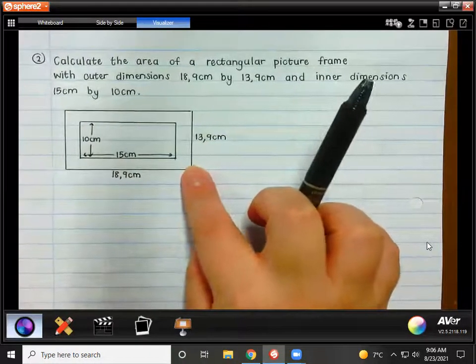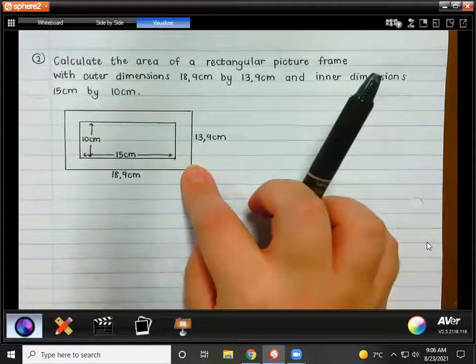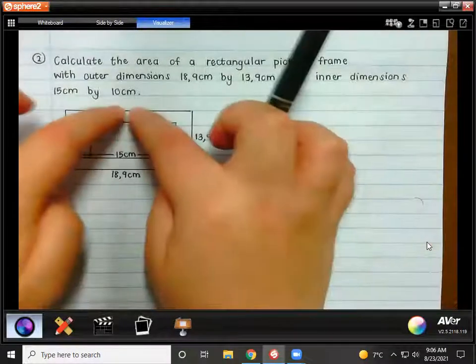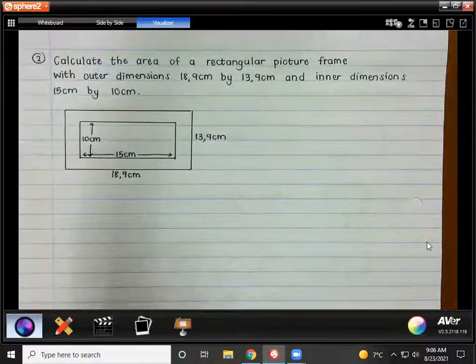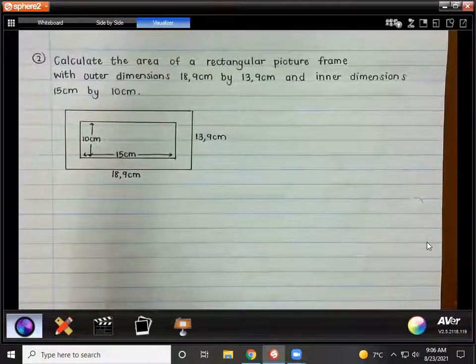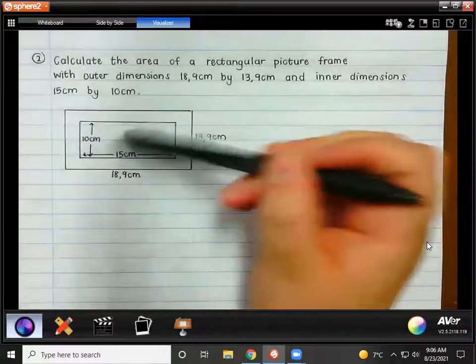But now I must take something away, right? Because I don't want the whole rectangle. I just want this outer part. So which part am I going to have to minus from the big rectangle to just get the frame? What do you guys think? Yes. Good. The area of the inner rectangle, hey?